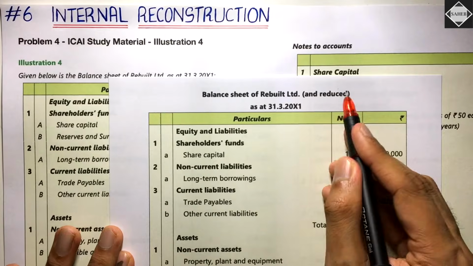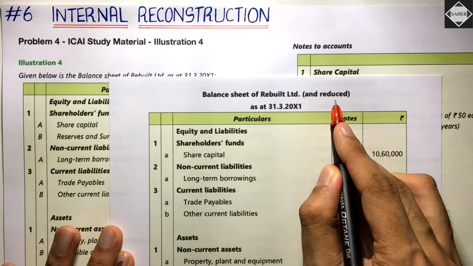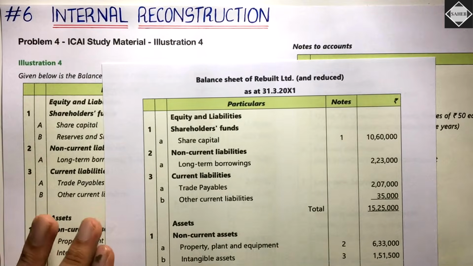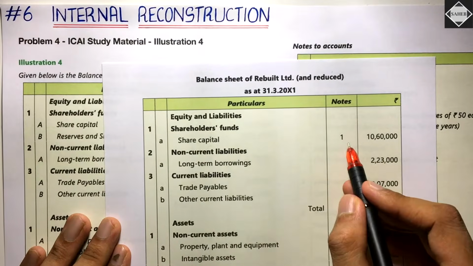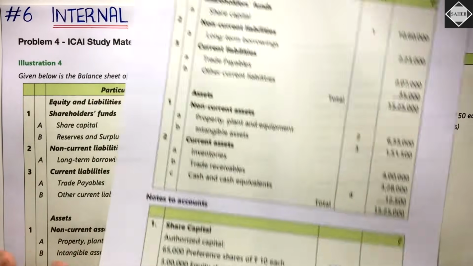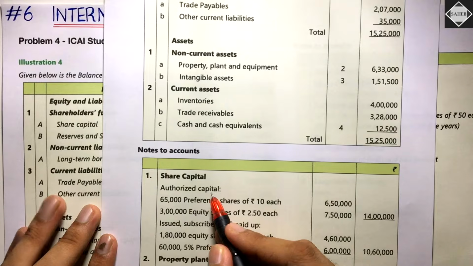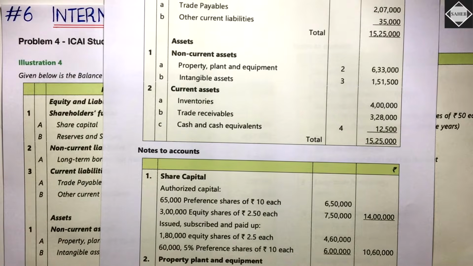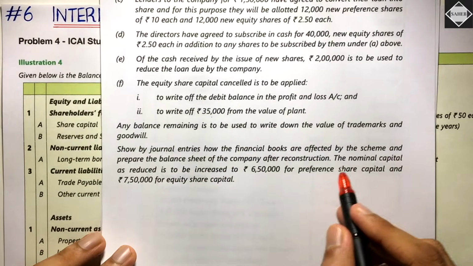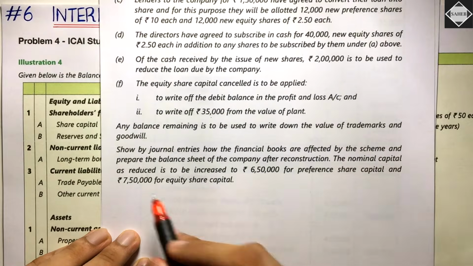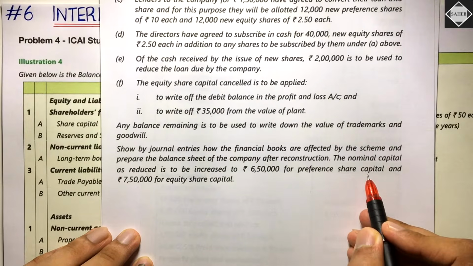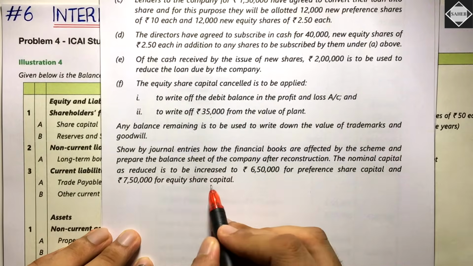In the bracket you always need to write 'and reduced', as at 31st March 2021, right? See here, share capital, note number 1, 10,60,000. How did we get this 10,60,000? Go to notes to accounts, authorized capital. See here, the nominal capital as reduced is to be increased to 6,50,000 for preference share capital and 7,50,000 for equity share capital, right?